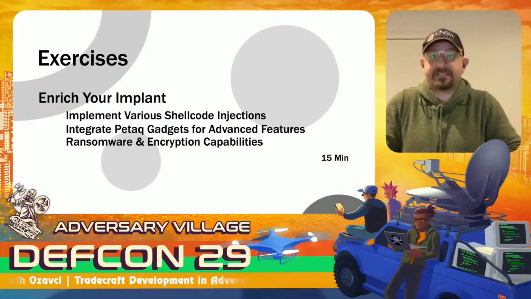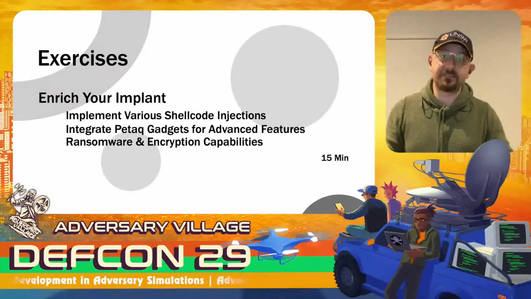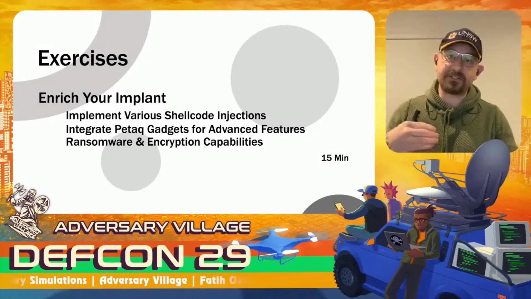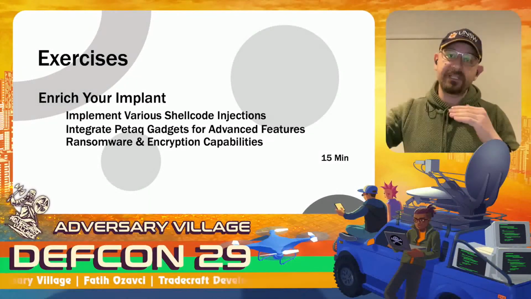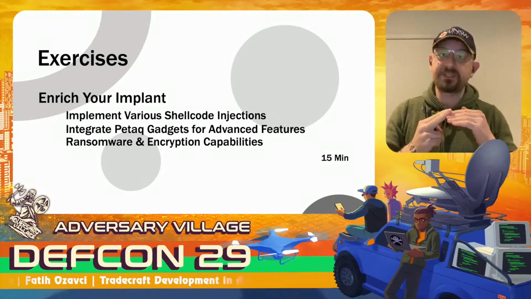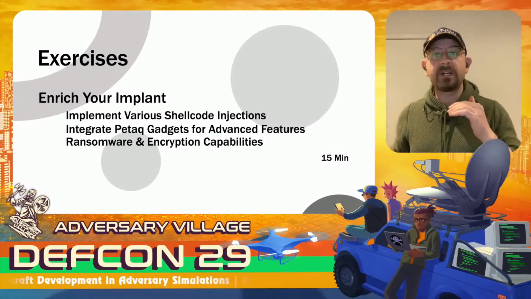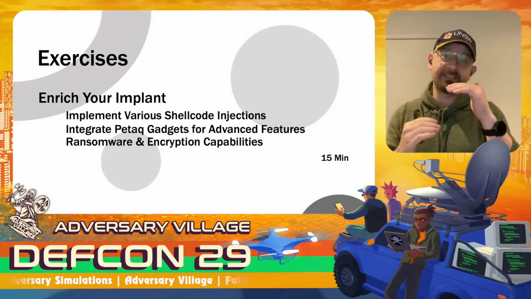So the exercises. The exercises are slightly simple, but also complex this time. Simple because you will add one or two functionalities. I assume that you already have an implant and it can communicate with a web service using WebSockets, or a web page using a web client, or a console application with the user. And you already added some functionalities there.